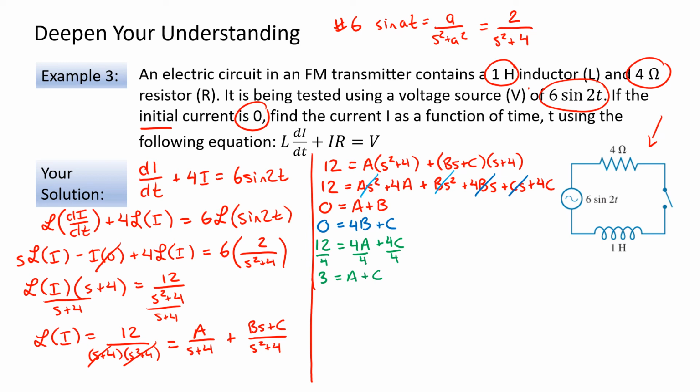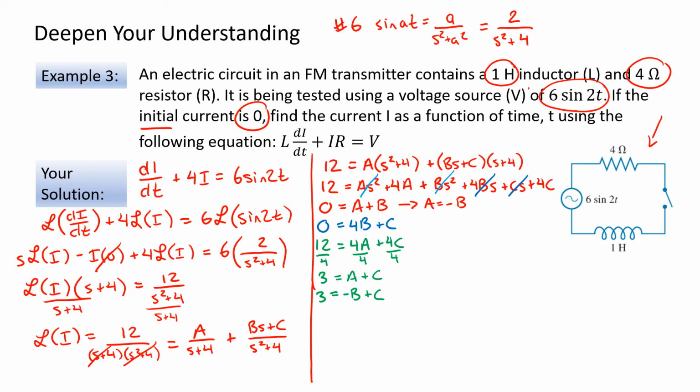Okay, so we'll start by just solving the first equation. So we have a is equal to negative b. So we can plug that into the second equation, or I guess we can plug it into the third equation. That'll probably be the better option. If we do that, we get that 3 is equal to a, which is negative b, plus c.